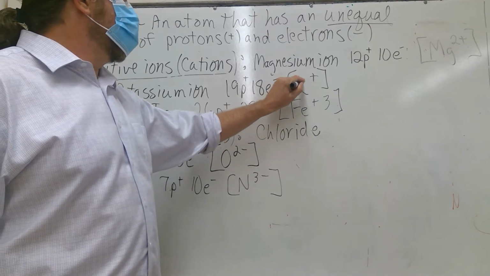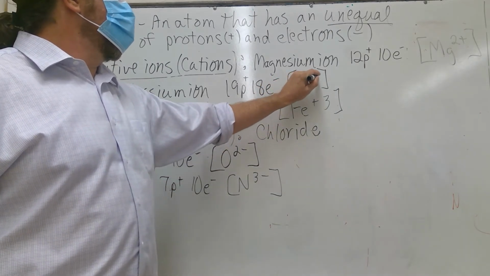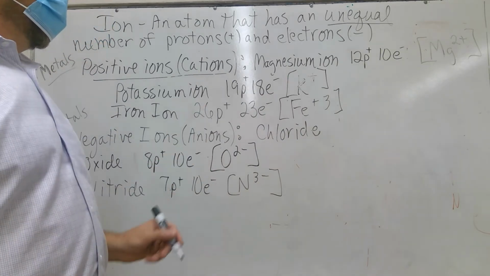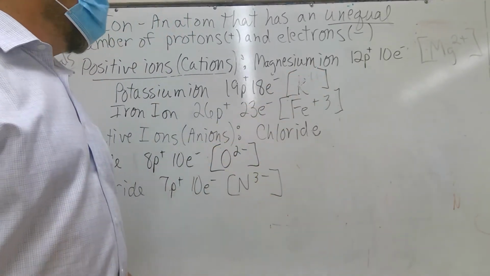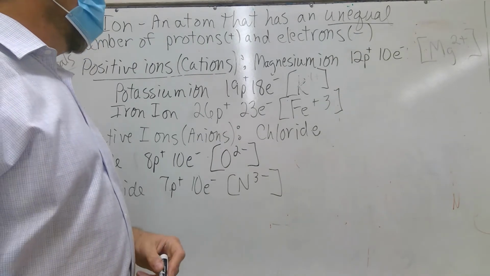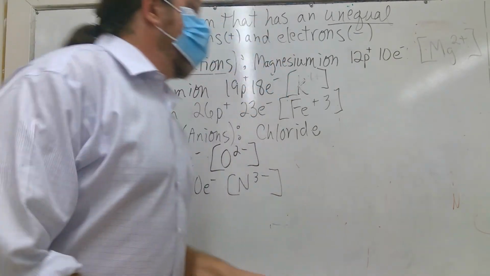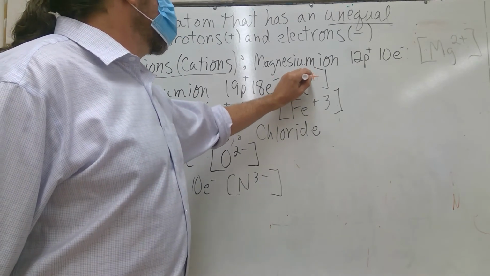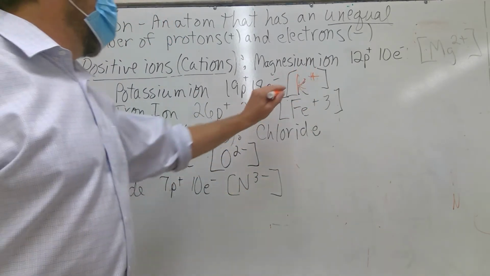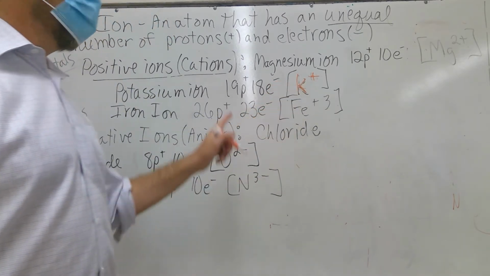So we're going to denote that by putting a plus symbol here. Now, we could make this +1 or 1 plus, but generally by tradition, if you have just one positive extra charge, you simply put a plus symbol.